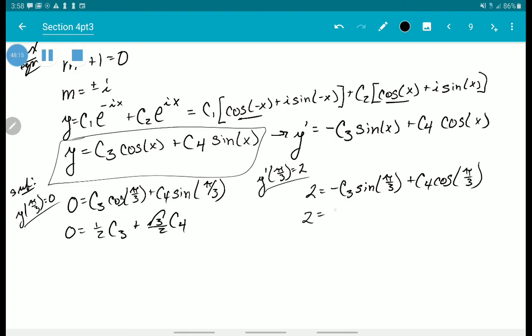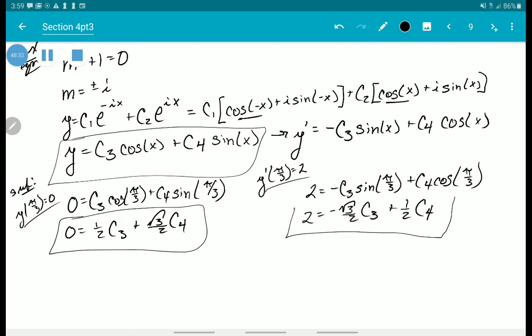We know the sine and cosine of pi over 3. So check this out. We now have a system of equations we can solve.